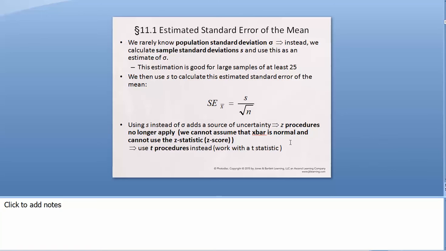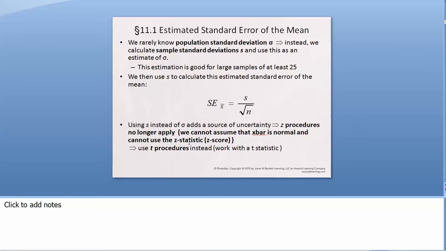So then we need to work with a new procedure, which we call the T procedure. Why we call it a T procedure is that we will work with a T statistic instead of a Z statistic. Now, Z statistic and Z score are pretty much the same. Z score is the more commonly used word, but actually Z statistic is exactly the same.